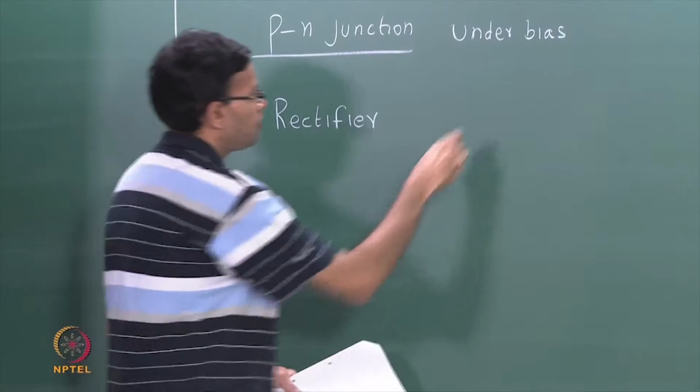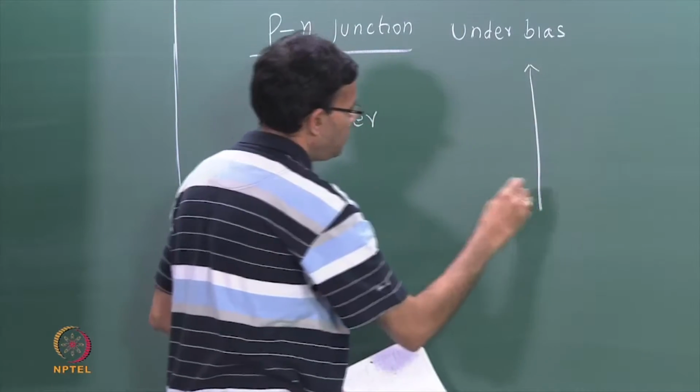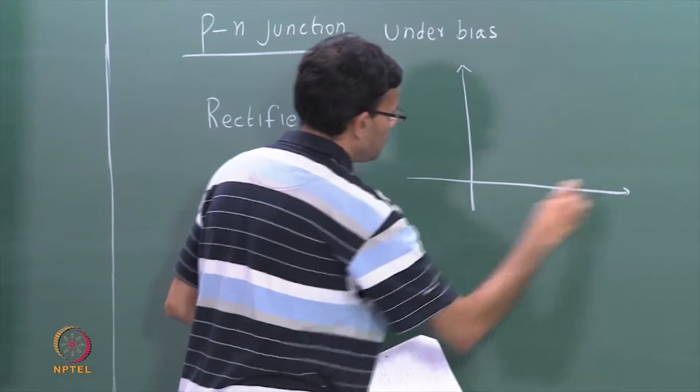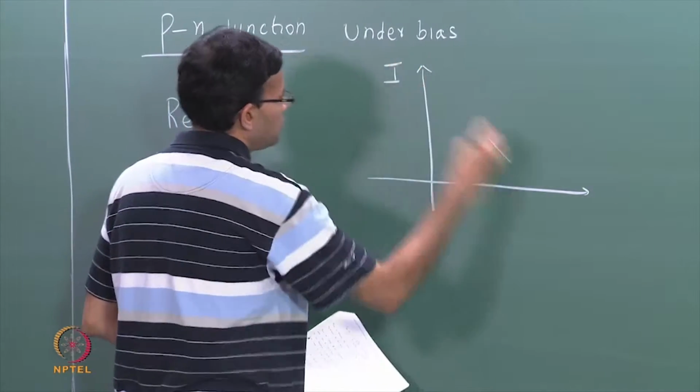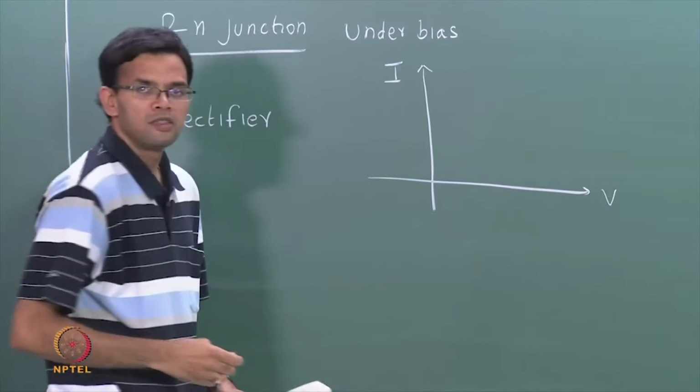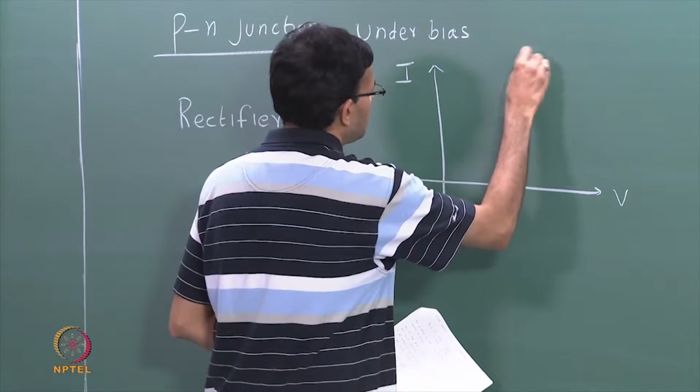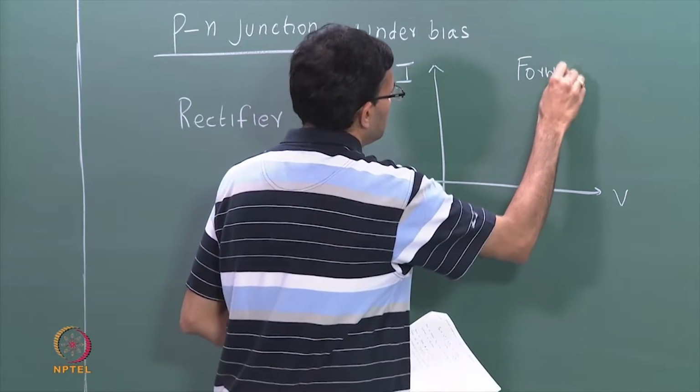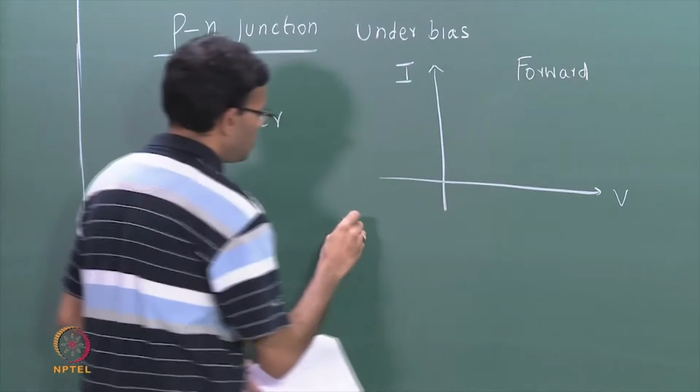so that if you were to plot I versus V, this is I, this is V. The first quadrant is the forward bias, this one is the reverse.